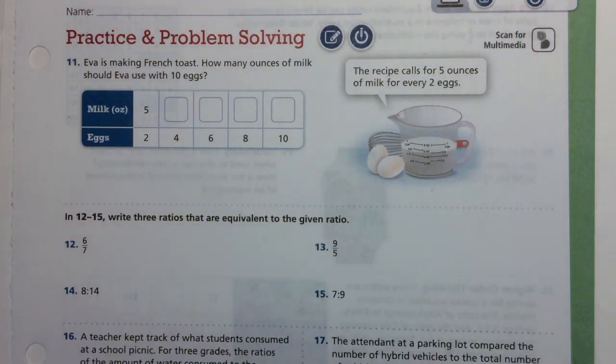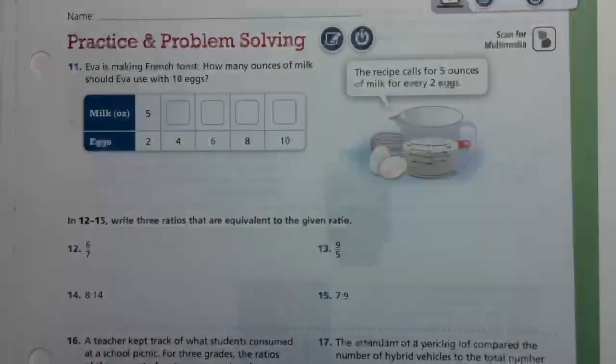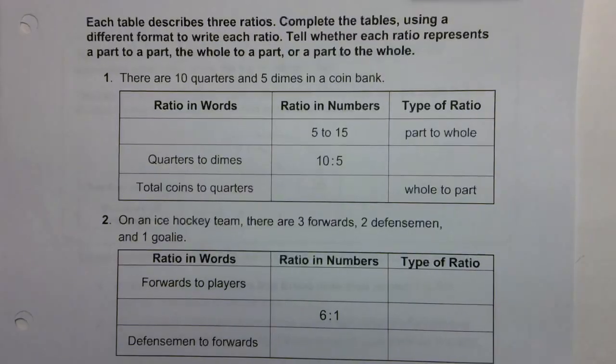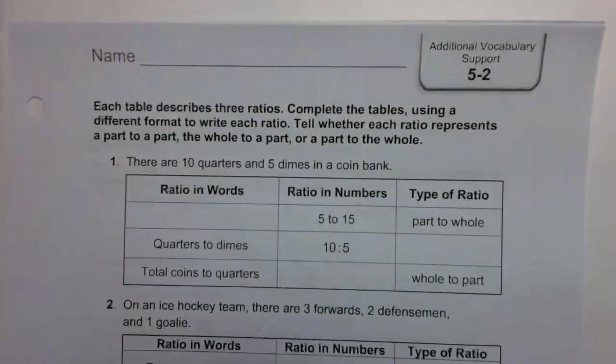Today, this is a one-day lesson. So you're going to do this one practice page, and then you have a vocabulary and a reteaching page that you can work on when you finish that one page. Try this on your own today.